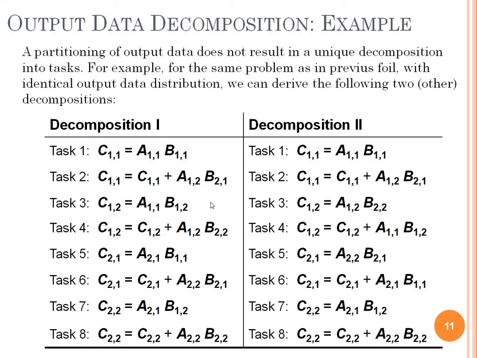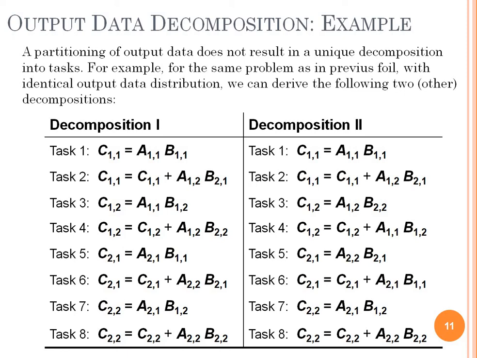Similarly, we can explore the other tasks. So here C11 equals A11 B11 and likewise. In this way, this is one method, this is another method. So tasks may vary from programmer to programmer. The tasks are not fixed, but there are multiple ways to go for decomposition.